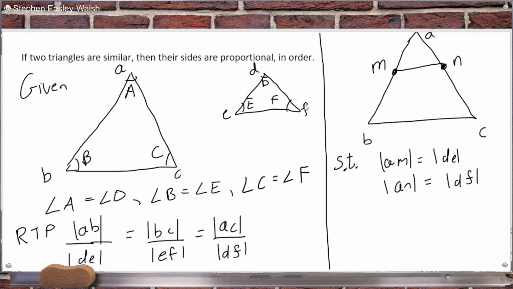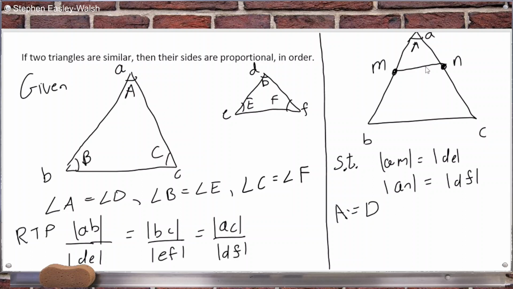Now, the length AM equals DE and the length AN equals DF just by the construction of M and N. Also, angle A equals angle D. So this angle up here, which is angle A, we know that's the same as angle D here.